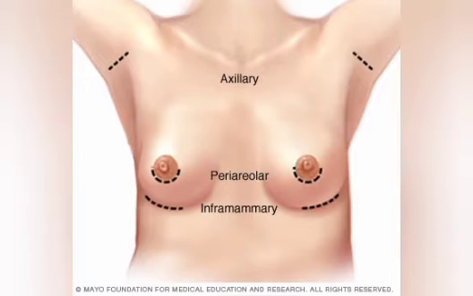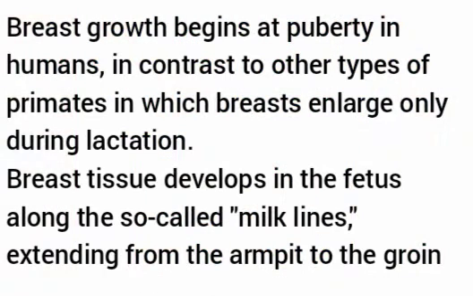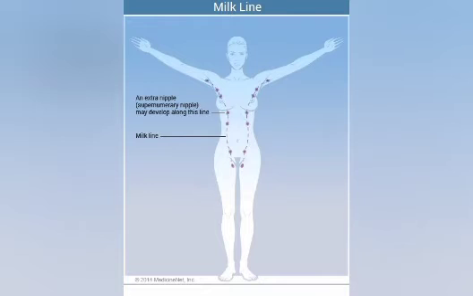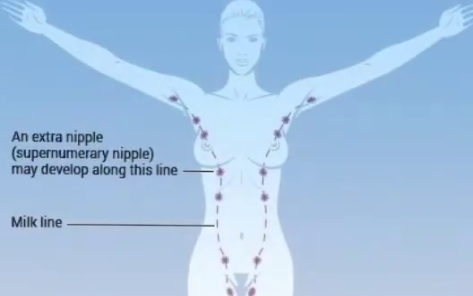Breast growth begins at puberty in humans, in contrast to other types of primates in which breasts enlarge only during lactation. Breast tissue develops in the fetus along the so-called milk lines, extending from the armpit to the groin.